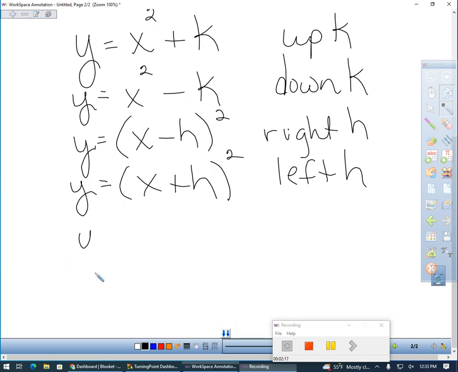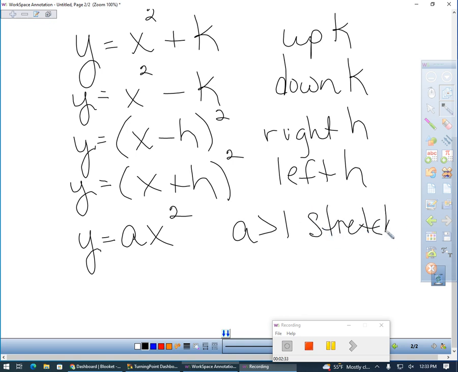Alright, if I have y equals a x squared, if the a is greater than 1, this is a stretch. Now when you look in this book, we call it a stretch. If I'm stretching it up, this is called a vertical stretch, just to clarify some of the stuff this book uses.